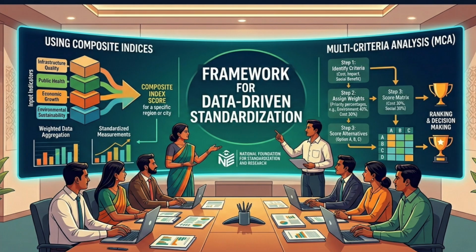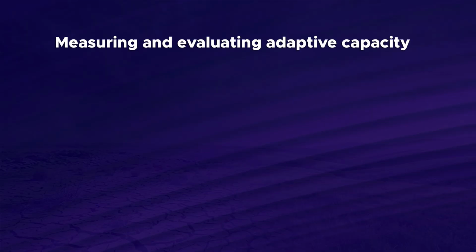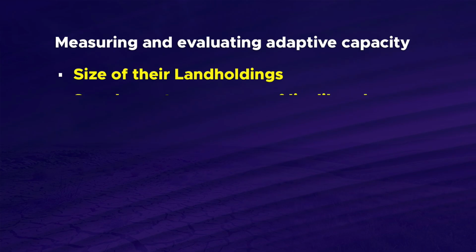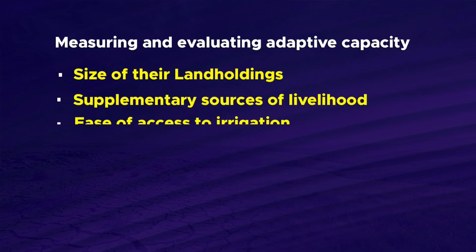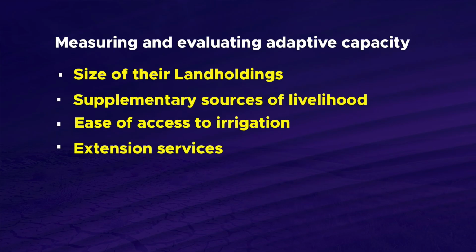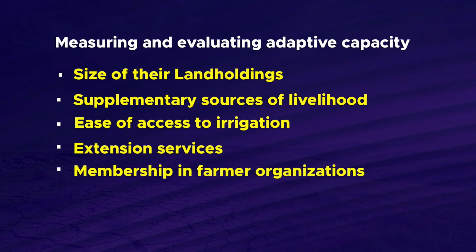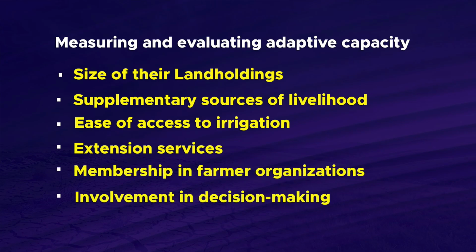For instance, researchers have constructed adaptive capacity indices for farming families in areas that are prone to disasters by looking at factors like the size of their landholding, supplementary sources of livelihood, ease of access to irrigation and extension services, membership in farmer organizations, and involvement in decision making.